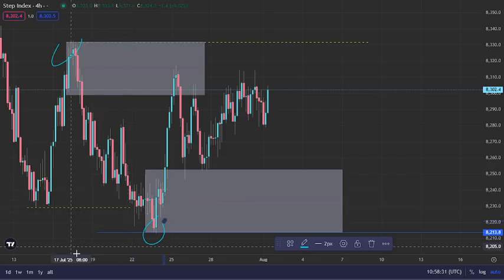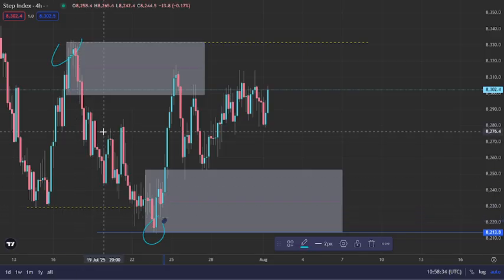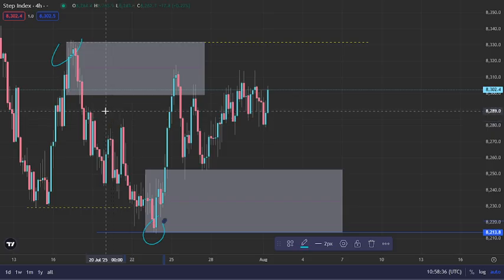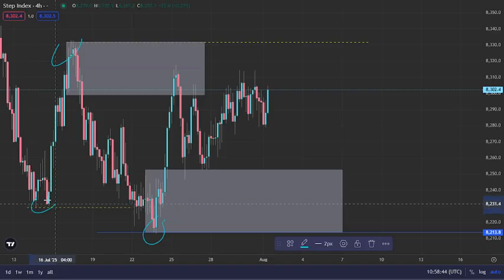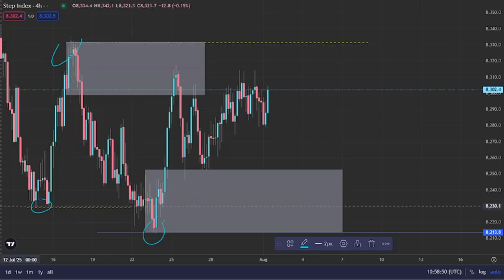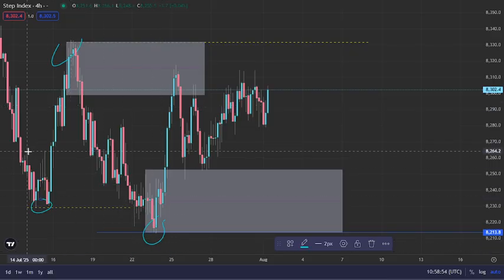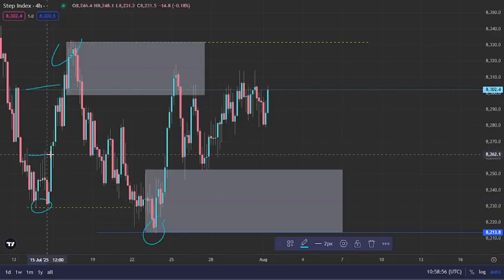So let's see, with the structures that are happening, I've been selling from here, and as I am selling, price came to the lows. I waited for price to pull back to form a strong structure. Here is the weak structure, and it broke to the lows, because here we had our internal structures and our fractal breaks.